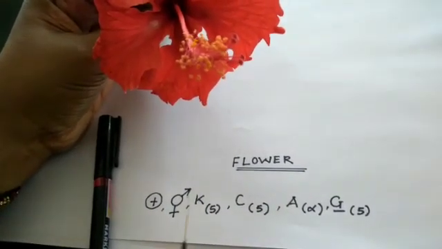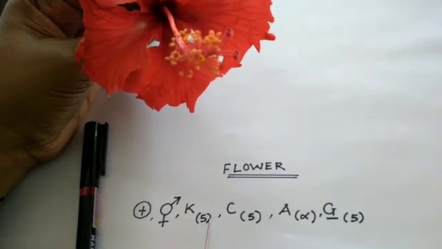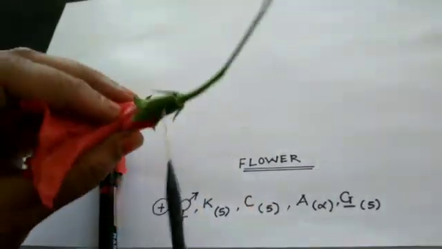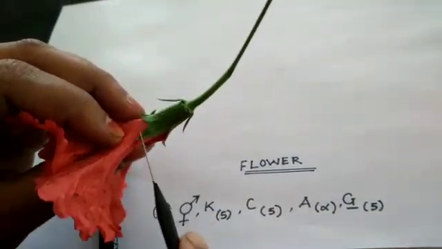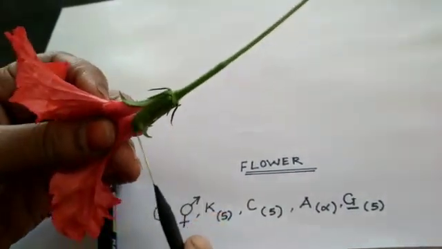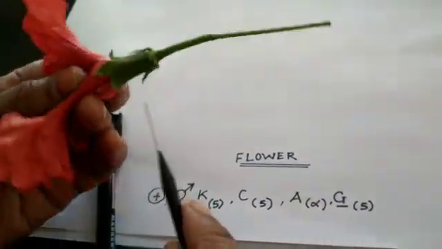Then next is K. K stands for calyx. There are 5 sepals present in the calyx. You can see here it is a fused type of calyx, gamosepalous, with 5 sepals. When I separate this, you can see there are 5 sepals.